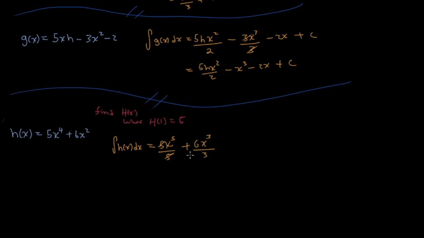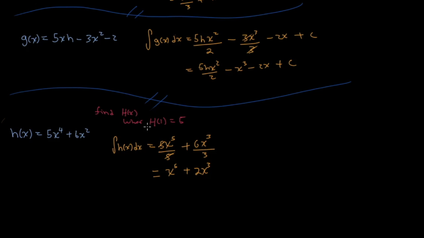And so this would simplify to x to the power of 5 plus, now 6 over 3 is 2, so 2x cubed. Now that's the first step.